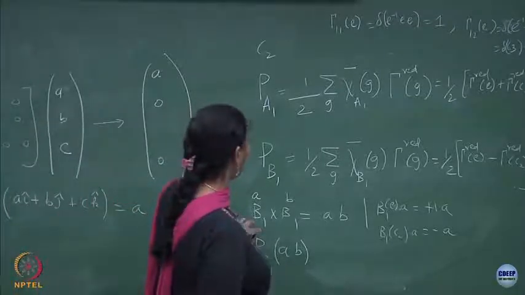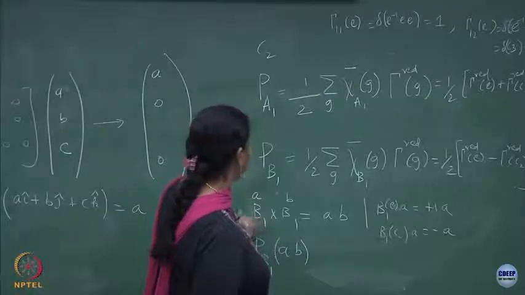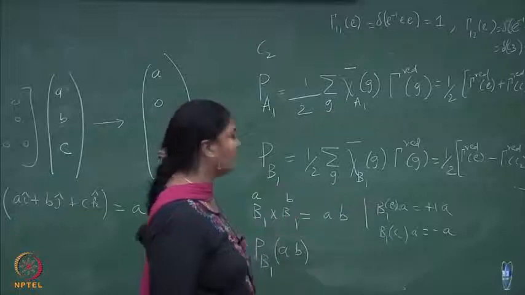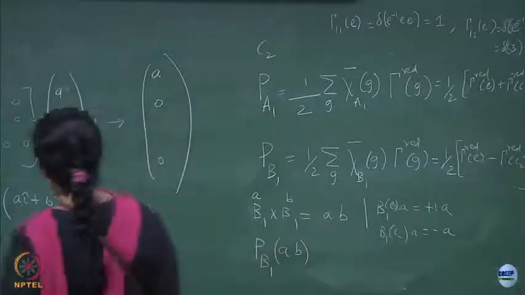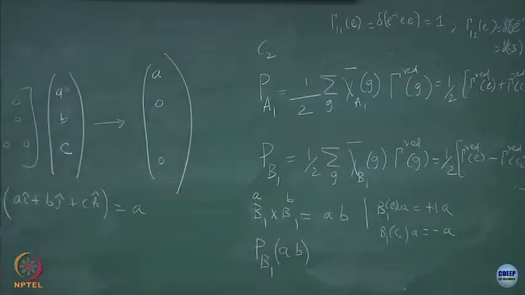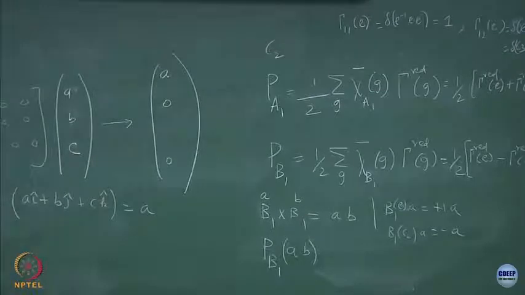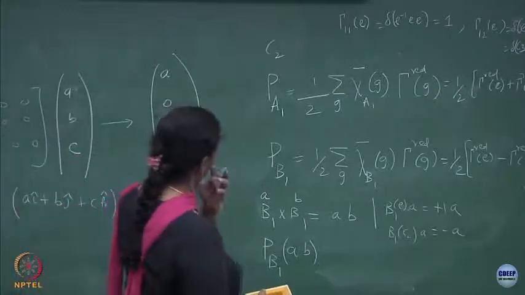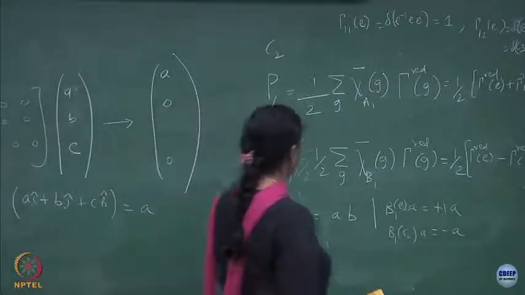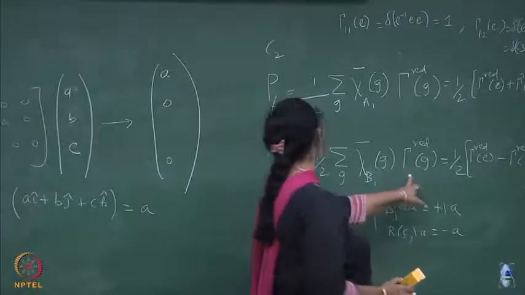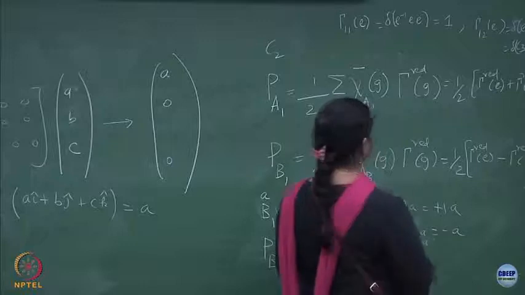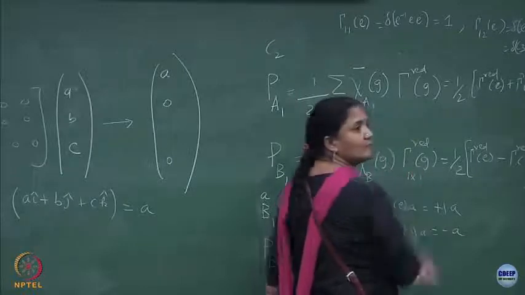So, now you can try and do these projection operators on this and see what you get. It will operate on AB, the reducible one, and the reducible one is also a 1 cross 1 matrix only.